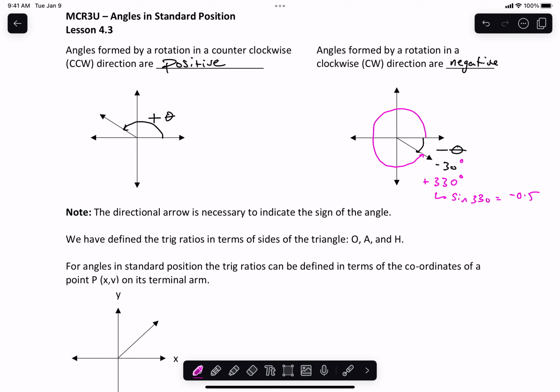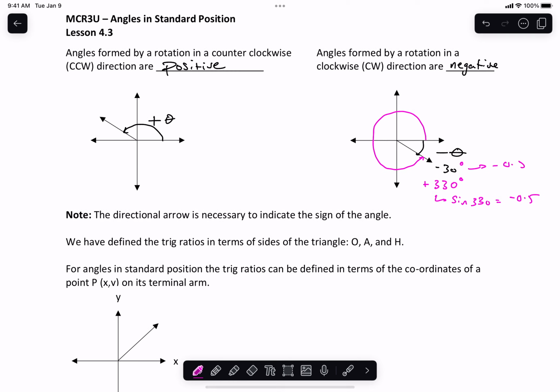Okay, and the sine of negative 30? So from a ratio perspective, it doesn't change much, but it's important to tell whoever which direction you've gone in. Okay?